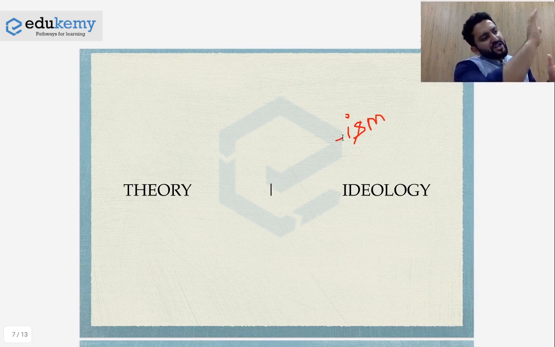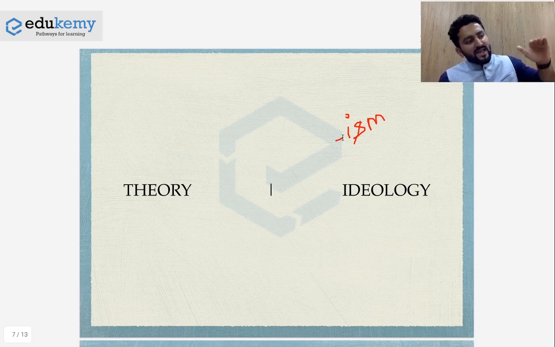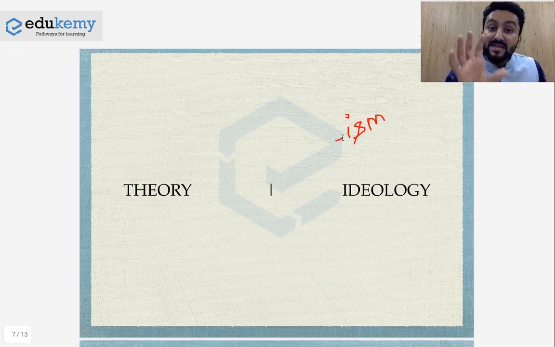Okay? So generally, theory of state would focus on what is happening, why that happened, and these are the basic framework. So this is given in theory. So theory can be nullified because you have presented an analysis and we have a different analysis. Now we can nullify this theory.